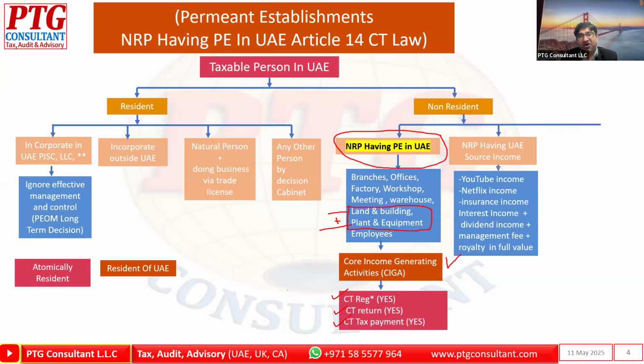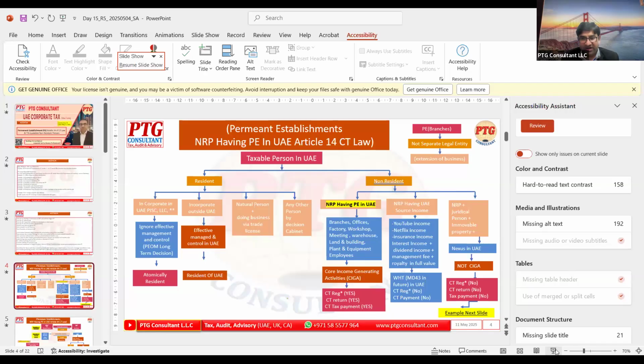Now the next: non-resident person having UAE source income. Now the word source, we will understand the word source. What is a source? Anybody wish to participate and give their point of view regarding the word source? I'd appreciate it if anybody wants to share their point of view.